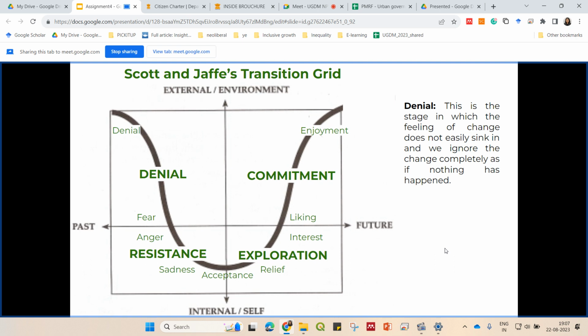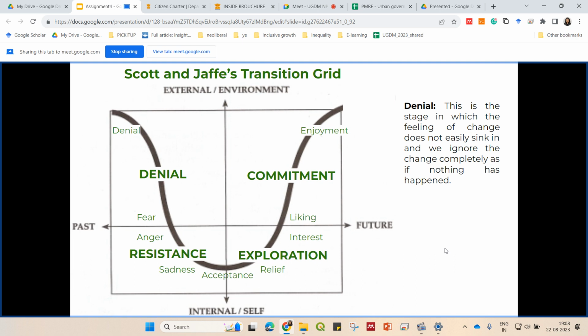In this case, as a manager or as a person working with a team which might come across this transition process, if any of your team are in denial, you want them to move as quickly to the next phase as possible.